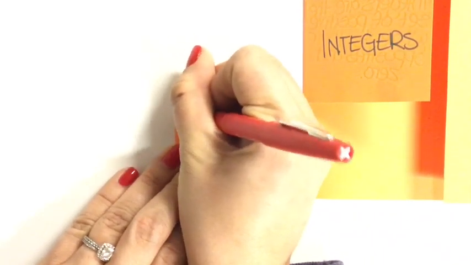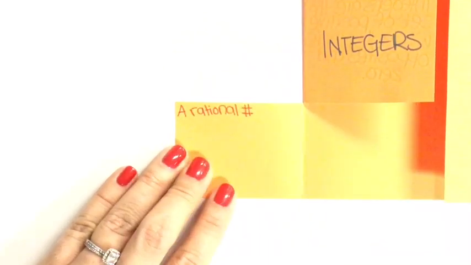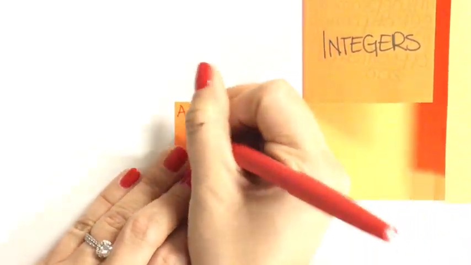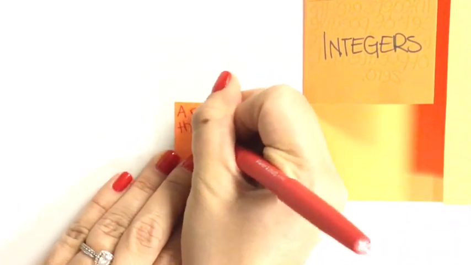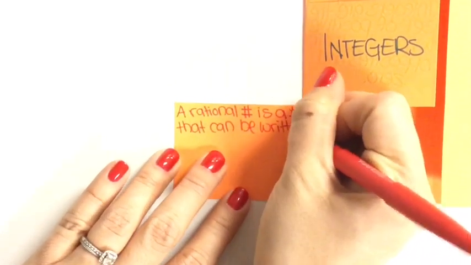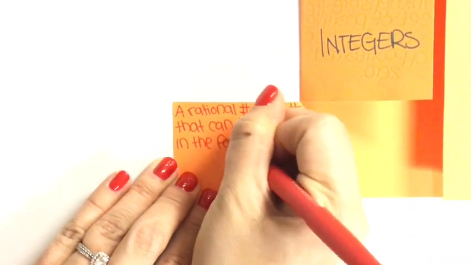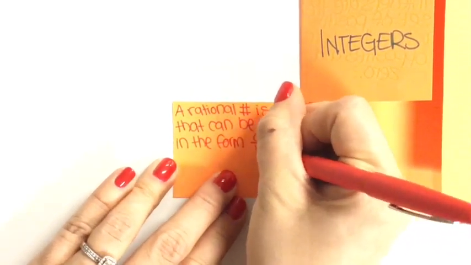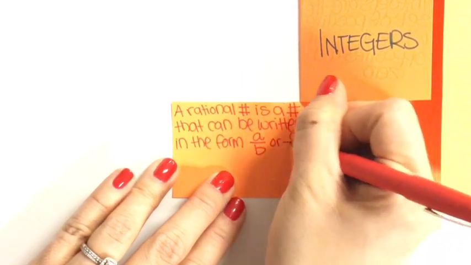A rational number is a number that can be written in the form of a over b or negative a over b. So let me show you what I'm talking about. And this is just half of the definition, so make sure that you're writing a little bit small. I'm going to use that number sign especially since I have a lot to write on this one. So when I said a over b or negative a over b, this is what I mean: a over b, or it could also be a negative number, a over b.